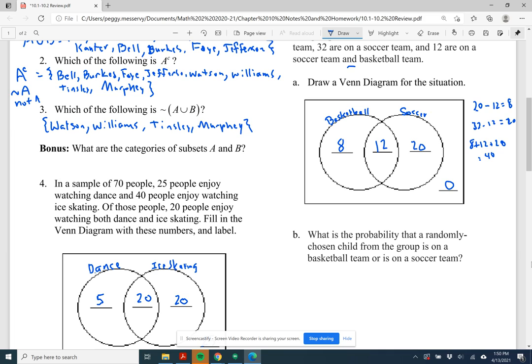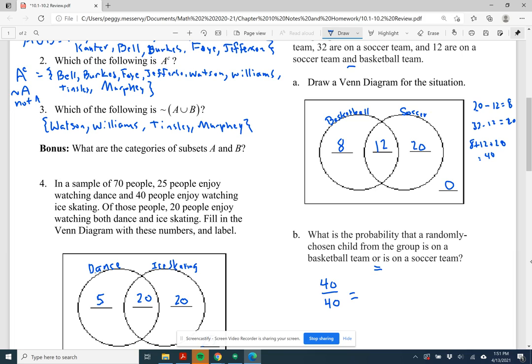Now, what is the probability the randomly chosen child from the group of 40 is on a basketball team or is on a soccer team? Well, that probability is going to equal favorable outcomes. How many are on basketball or soccer or both? All 40 of them.